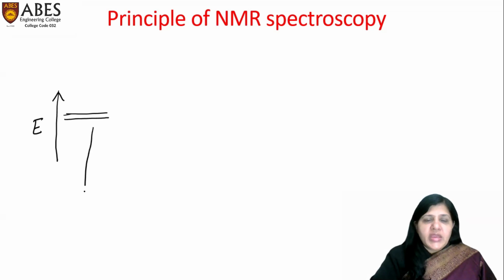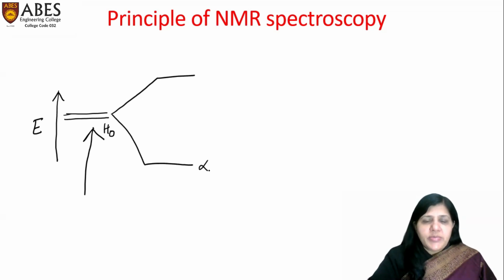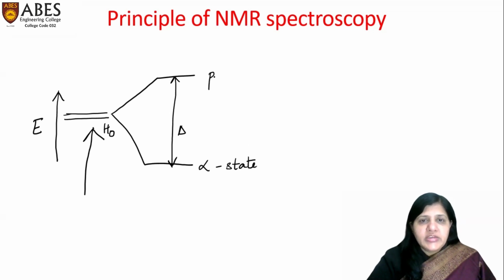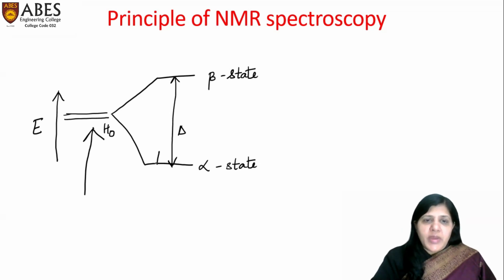But when an external magnetic field is applied, in the presence of the field these two orientations differentiate themselves and get separated by an energy gap delta E. The low energy state is known as alpha state and the high energy state is known as beta state. In the low energy state, the magnetic moment of the nuclei is parallel to the external magnetic field. This is the direction of the external magnetic field.